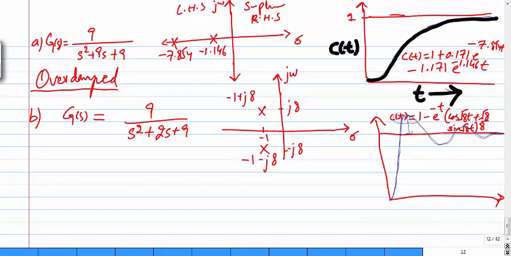This type of system we call an underdamped system. Overdamped means that you can't cross one, underdamped means that you are crossing the one, so they are underdamped.